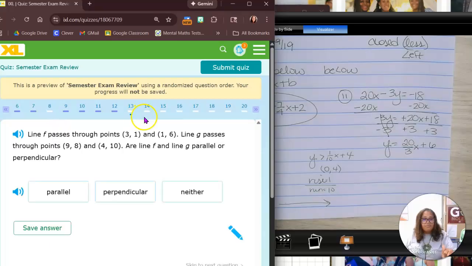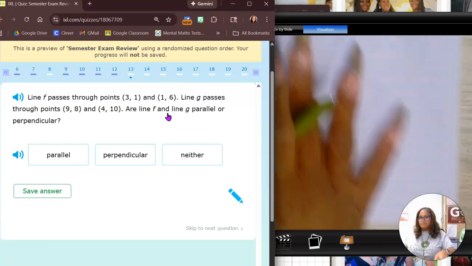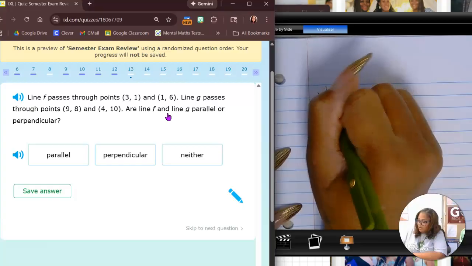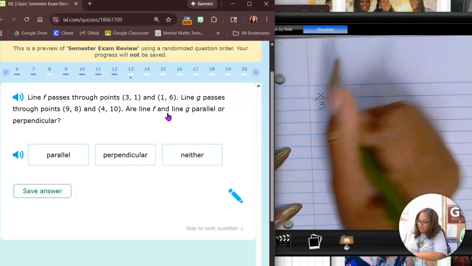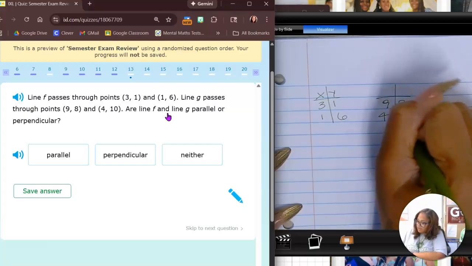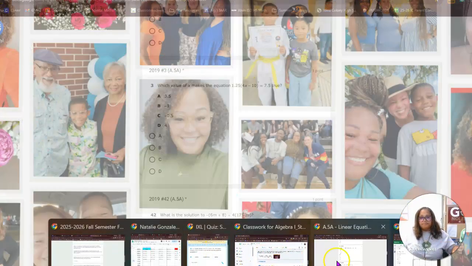Save answer. All right, line F passes through these points, and line G passes through these points. Are they parallel, perpendicular, or neither? Desmos. X, Y, 3, 1, 1, 6, 9, 8, 4, 10. Go to Desmos.